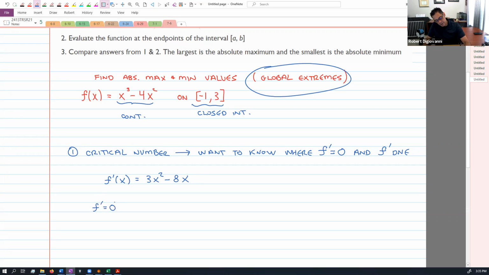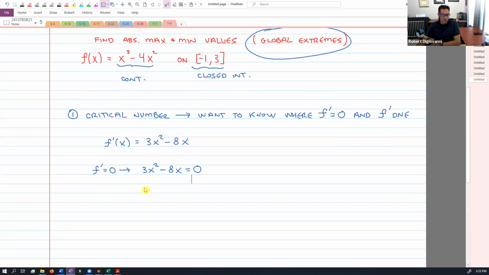Now, I'm going to set it equal to 0 first. Take your derivative, set it to 0, and figure out where this thing equals 0. This is what it means to find the critical number: figure out where the derivative is 0, figure out where the derivative doesn't exist. That is quadratic, but I can factor the left-hand side.